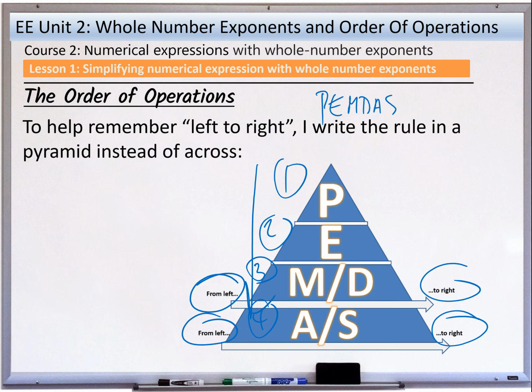But remember, whenever you see multiplication and division, it's whichever you see first from left to right. Most students, when they write PEMDAS this way, think that multiplication always comes before division, and that addition always comes before subtraction. It's not true. It's whichever one you see first from left to right, and we'll see some examples of that.